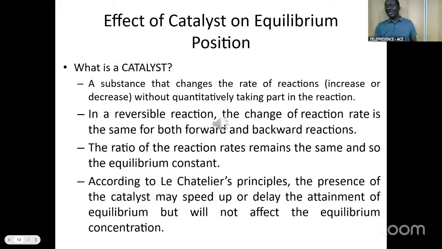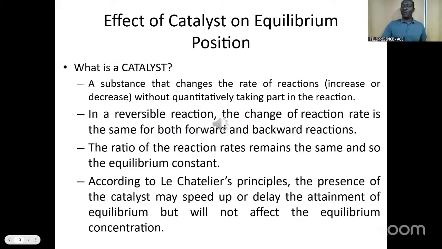Okay, can I explain the effect of pressure? Just listen to me. Before we discuss the effect of pressure, you need to first look at the equilibrium, so the stoichiometry of the reaction.